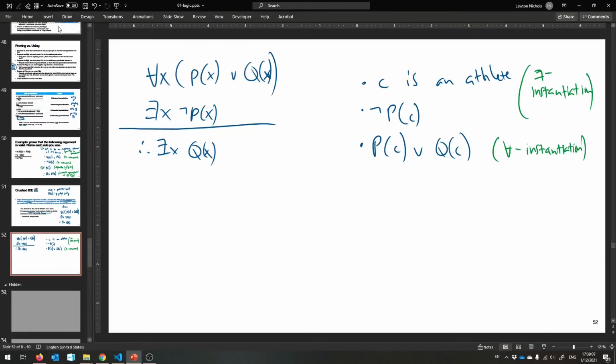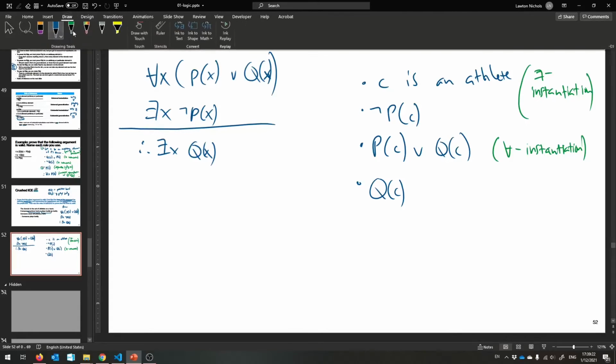Okie dokie. And then, what do you know? I got these again. I think you know what's happening. We can immediately go and prove that Q of C is true by disjunctive syllogism.